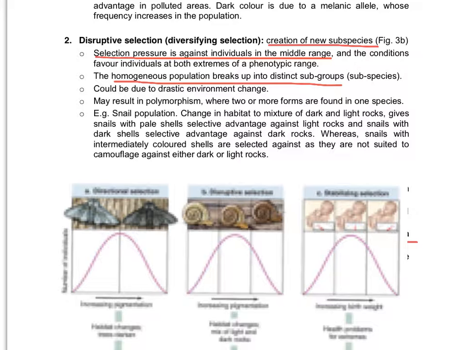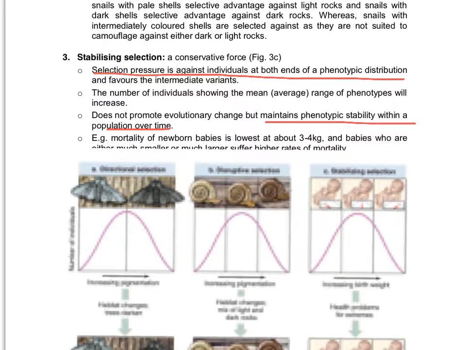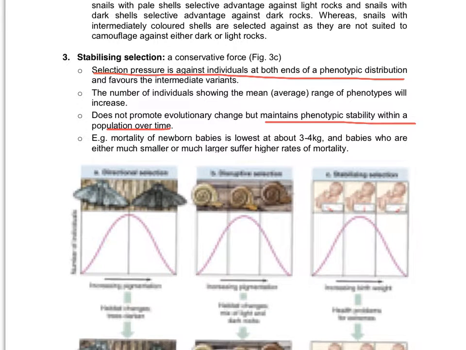The last one is stabilizing. Stabilizing, this one is about the mortality of newborn babies. Generally, the healthy birth weight is around 3 to 4 kg.